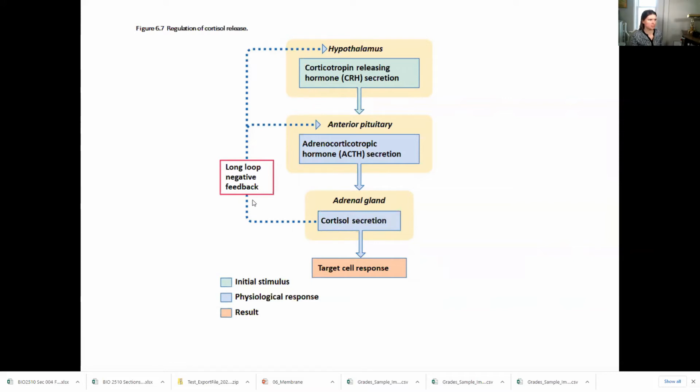So cortisol is looping back, and it stops this loop by suppressing the release of corticotropin releasing hormone and adrenocorticotropic hormone. So the cortisol secretion should turn off this signal eventually so that you don't have completely runaway cortisol levels.